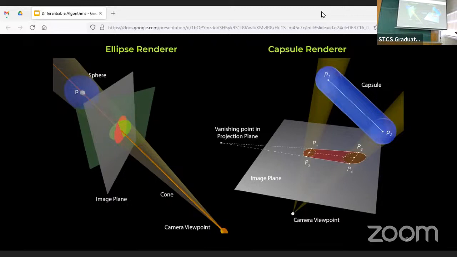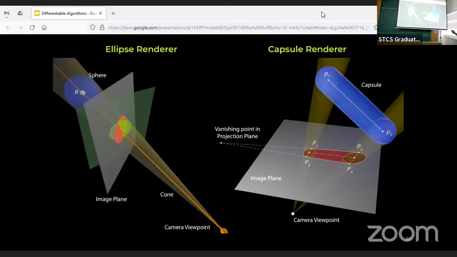If we take two consecutive points on the knot, then we can consider it as a capsule. In the ellipse renderer, we take a knot and sample many points from that knot and just compute the projection of the sphere on the image plane, which would be an ellipse.